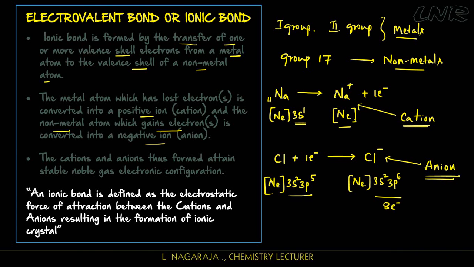So ionic bond is defined as an electrostatic force of attraction between the cations and anions. In this example, the cation is Na+ and the anion is Cl-. There is a certain electrostatic force of attraction between the cations and anions. That electrostatic force of attraction is called the electrovalent bond, or it is also called the ionic bond.